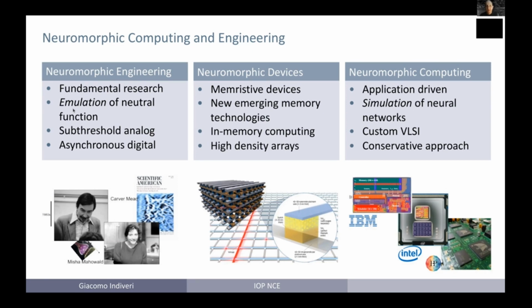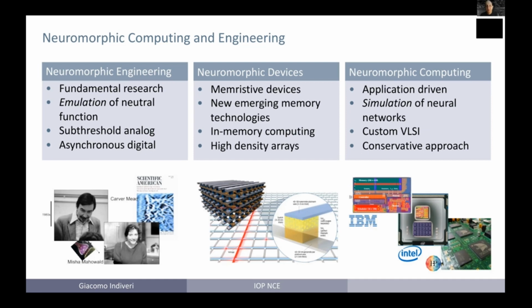Another community that is using the term neuromorphic is the one working on memristive devices, material science and devices, for building and creating new emerging memory technologies that can be used to emulate the properties of real synapses and therefore to build large-scale and powerful computational brain-inspired neural systems. This community is looking into in-memory computing and high-density arrays, so it's working on very promising areas that could really solve some of these challenges that the computing field is facing.